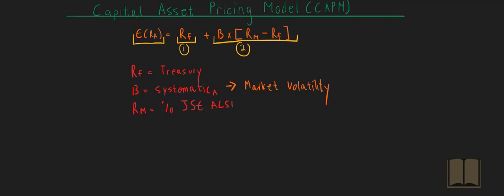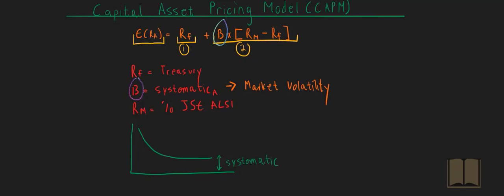The risk that we speak about in the capital asset pricing model, represented by beta, as we already said, is the market risk. It's the systematic risk. Recall that you can get rid of unsystematic risk by diversifying. And therefore, all assets or all portfolios have systematic risk.